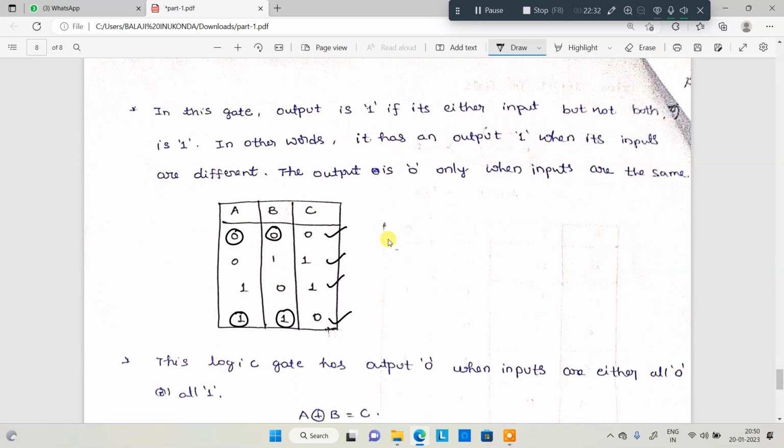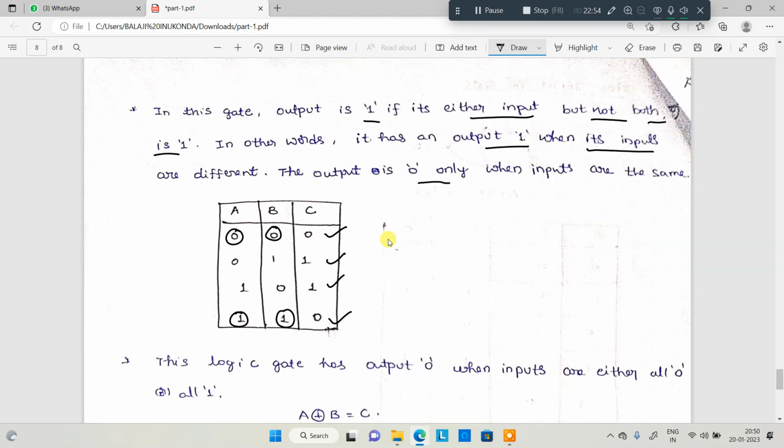So this gate's output is 1 if either input, but not both inputs, is 1. In other words, the output is 1 when its inputs are different, and the output is 0 when the inputs are the same.